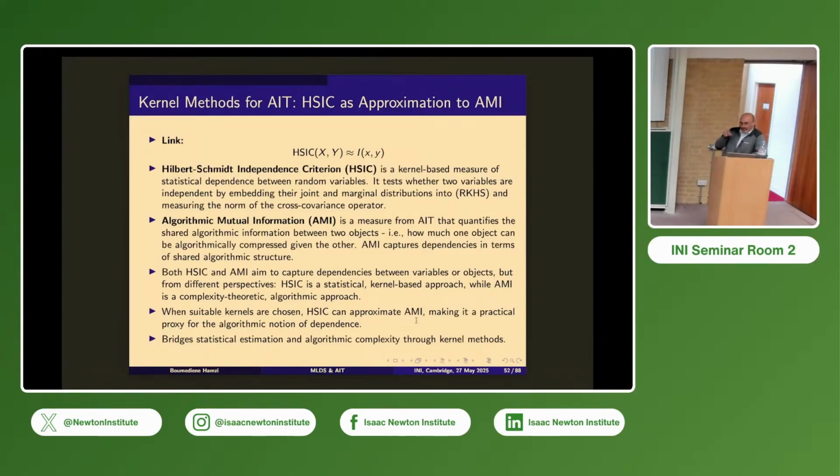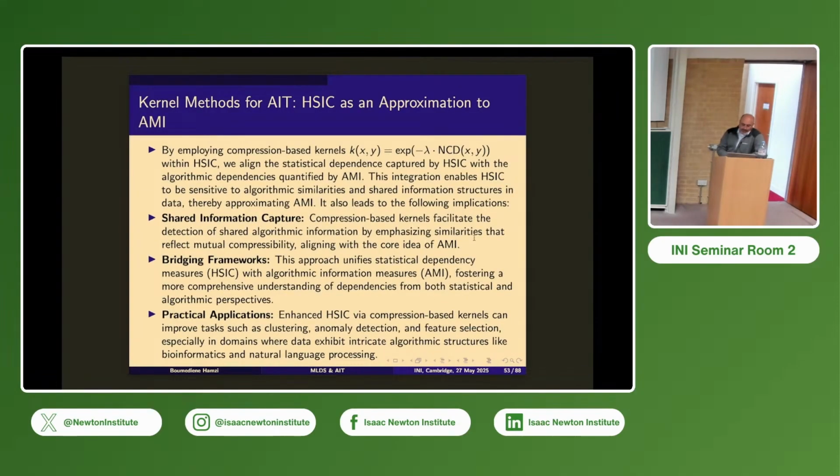Here again we are bridging the gap between statistics and AIT via kernel methods. And that's the kernel I was talking about. If we choose this compression-based kernel, which is exponential of minus lambda times the normalized compression distance between X and Y, we can show that HSIC approximates AMI.